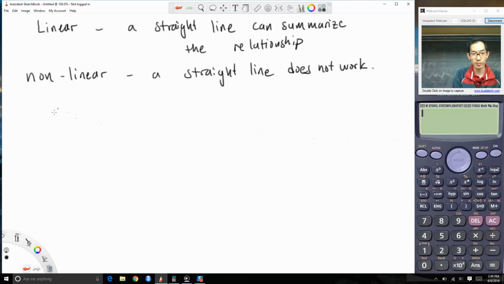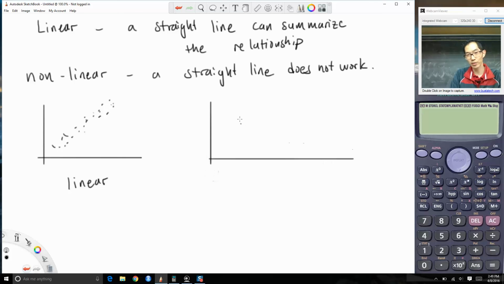So this would be linear. And then anything that's nonlinear, anything that doesn't fit a straight line, we would just say nonlinear.